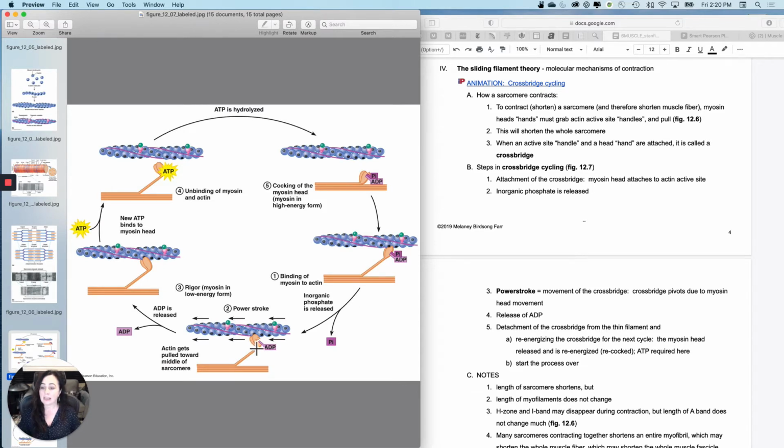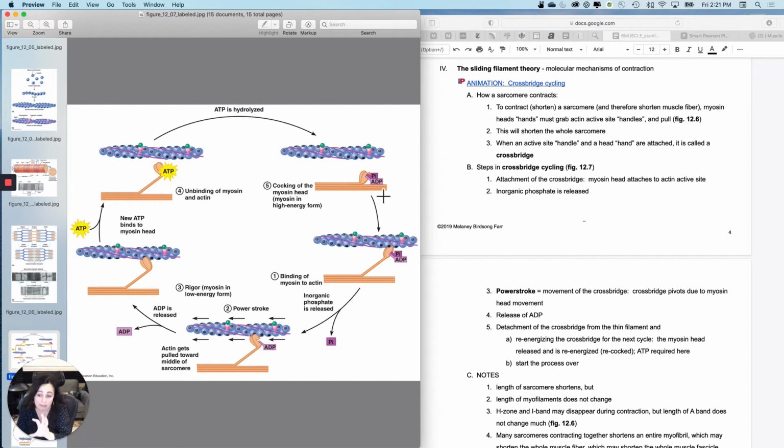And then you are going to have to release the crossbridge, and reposition it for the next time. So one more time: crossbridge formation, power stroke, release, reposition. Crossbridge formation, power stroke, release, reposition. So that is the crossbridge cycle.